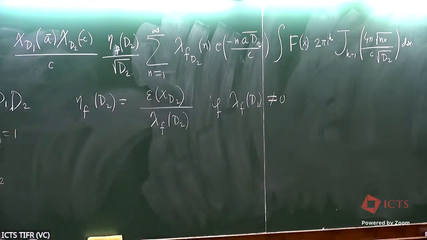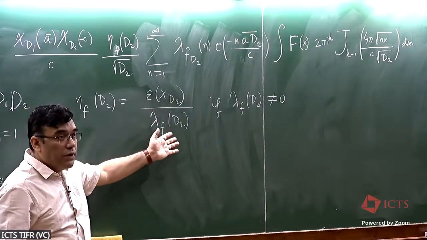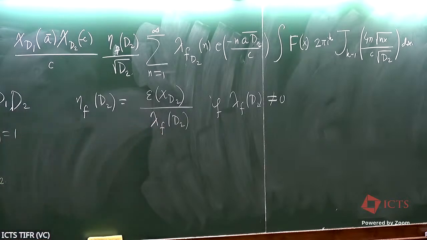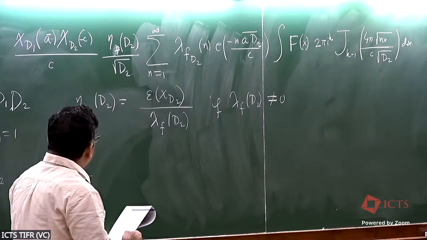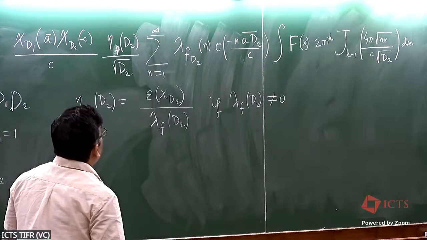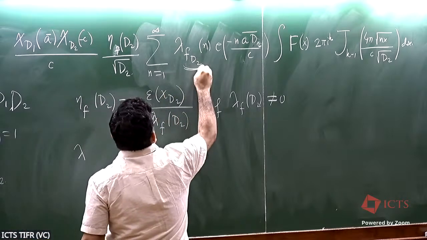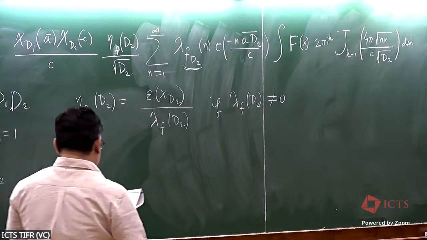If it is not equal to 0, then you can write eta f(D2) as a Gauss sum over lambda f(D2). If it is 0, then of course this doesn't make sense, and it becomes a little complicated. If you're interested, you can look at Winnie Li's paper or Atkin-Lehner's paper. And what is f D2? It is actually another modular form.